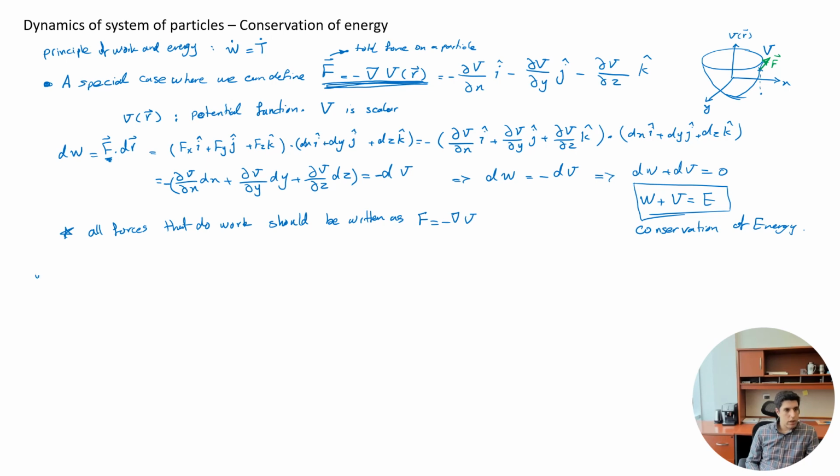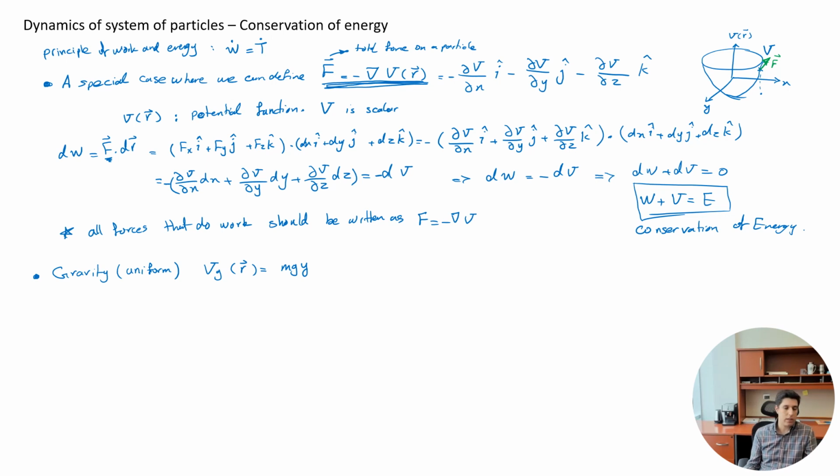So let's look at a few examples. Gravity, a uniform gravity version, the one that we are usually familiar with. In that case, Vg, which is only a function of position, is going to be mgz, only depending on the height.